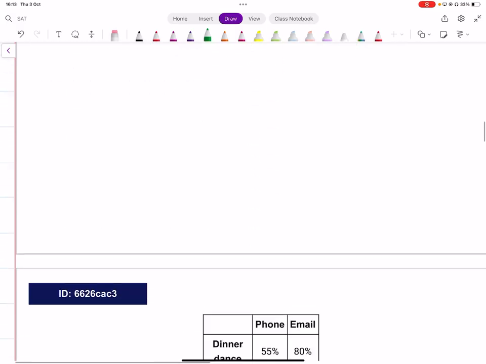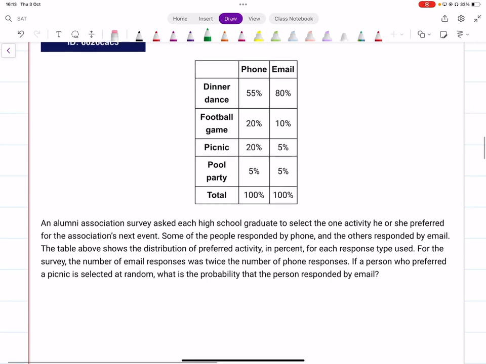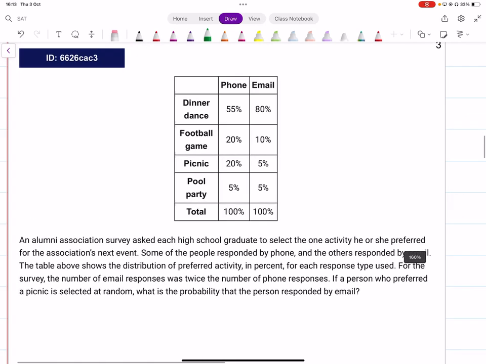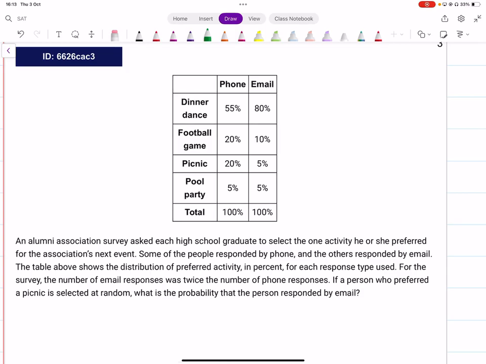All right. Next is question number 3 from this. An alumni association survey asked each high school graduate to select one activity he or she preferred for the association's next event. Okay, so these are the possible activities. And you have phone and email. Some of the people responded by phone and others responded by email. The table shows the distribution.